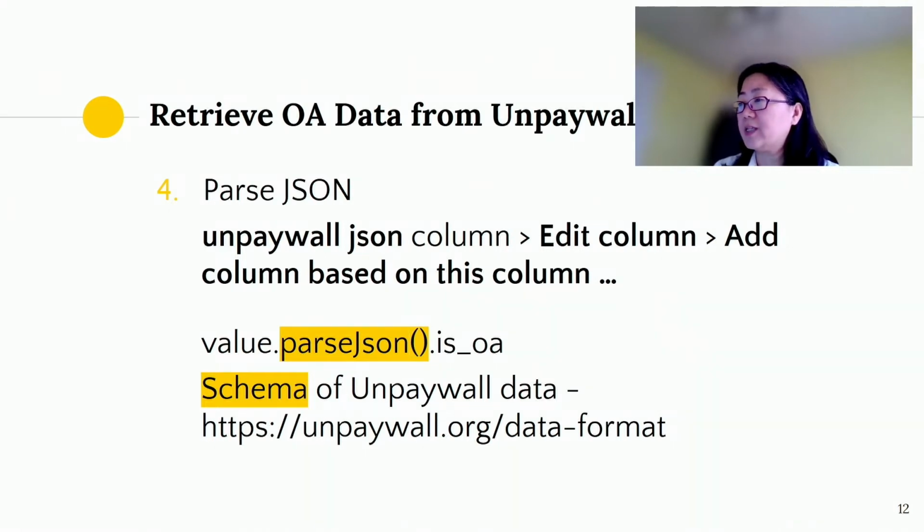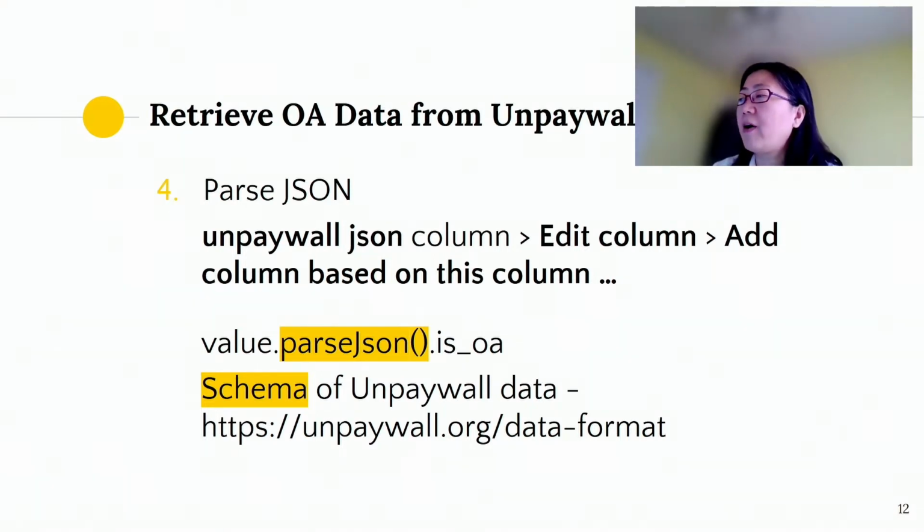The value is the JSON object we just retrieved from the Unpaywall database, followed with the function, and is_oa is the key we are interested in. We want to see the results of is_oa. So basically, we connect the three parts: the value, the function, and the key using the dot.